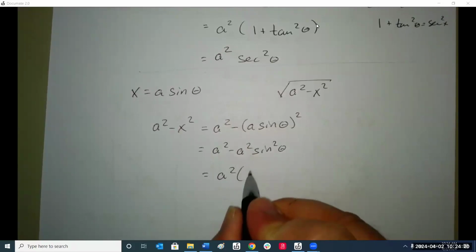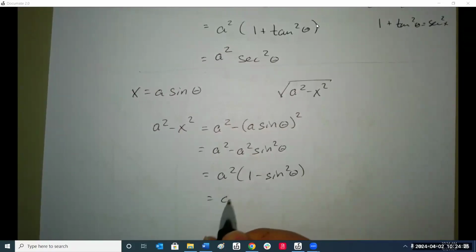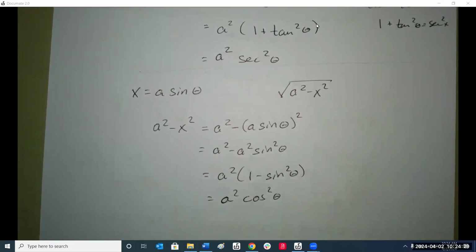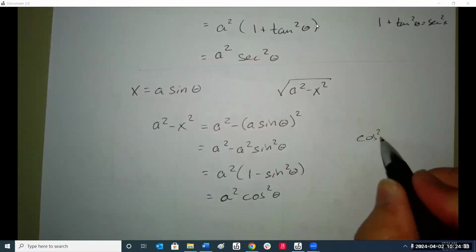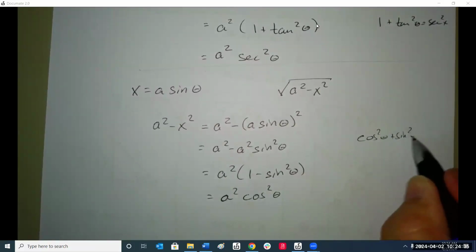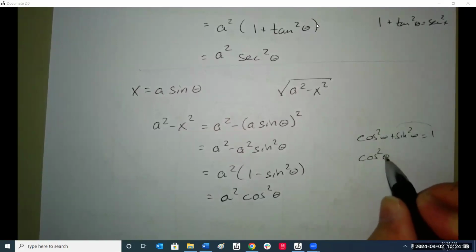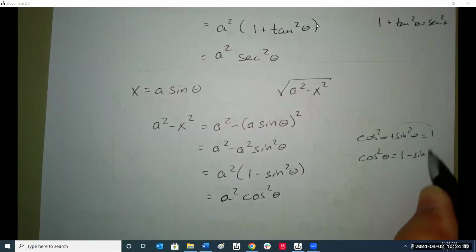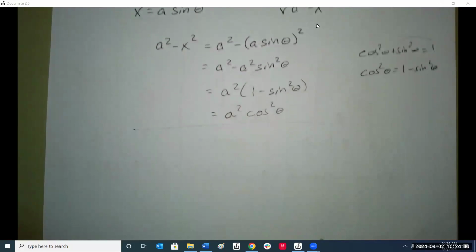So we can take out the a squared, so we have 1 minus sine squared theta, which is equal to cosine squared. Again, cosine squared theta plus sine squared theta equals 1. Move the sine squared. Use identities. So using identities, we're going to rewrite these.